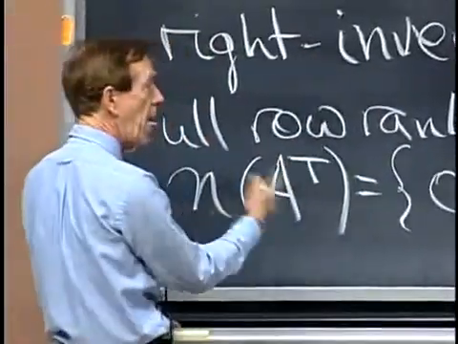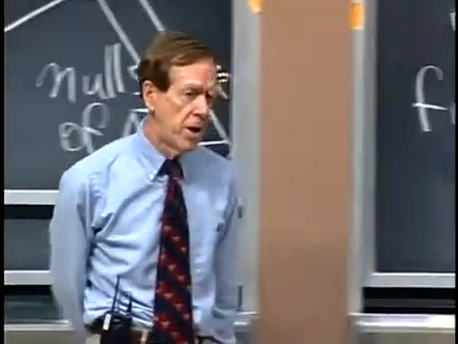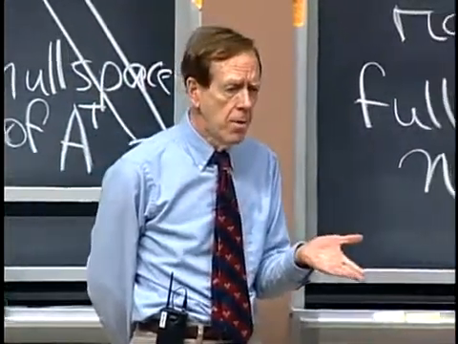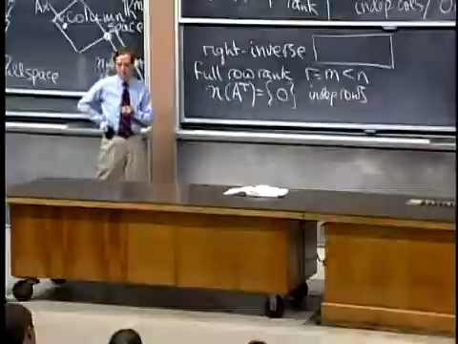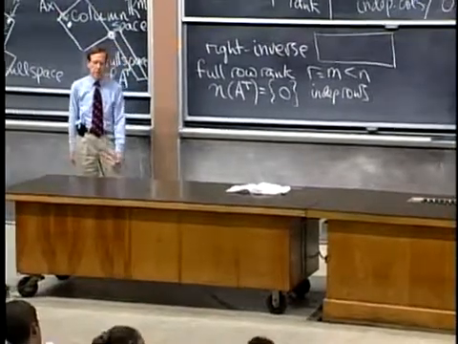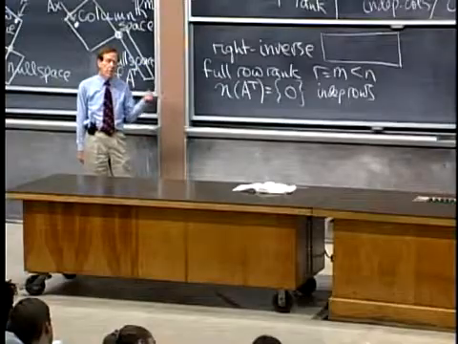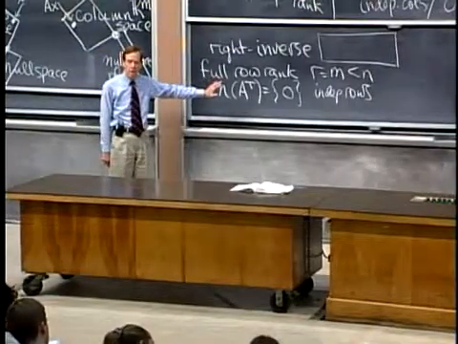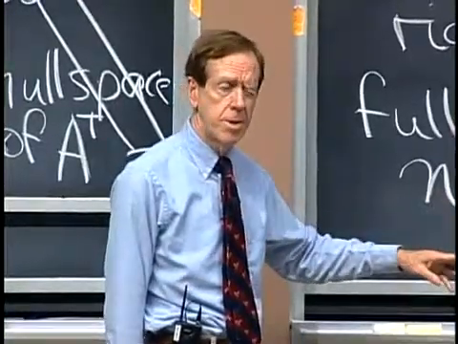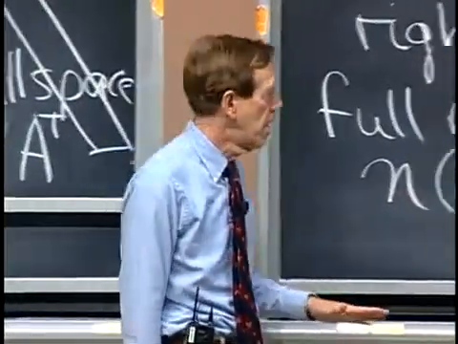The null space of A, what will be the dimension of A's null space? How many free variables have we got? How many special solutions in that null space have we got? So how many free variables in this setup? We've got n columns, so n variables.